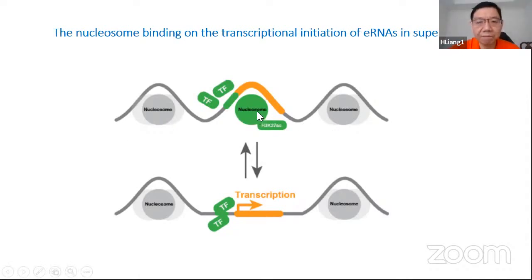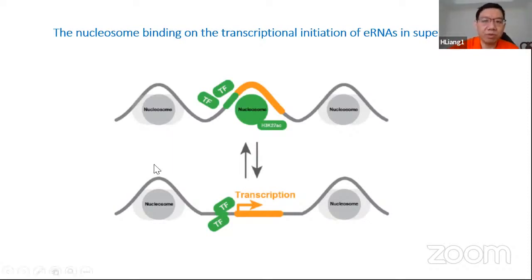So based on that, we can have this kind of model where you have a well-conserved position underlying each enhancer region. When the nucleosome is occupied, the enhancer is silent. But when the nucleosome is off, the enhancer gets a nucleosome-free region, then they recruit polymerase and generate active transcription, generating the ERA signal.